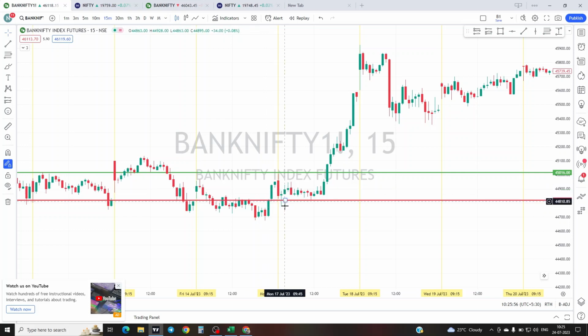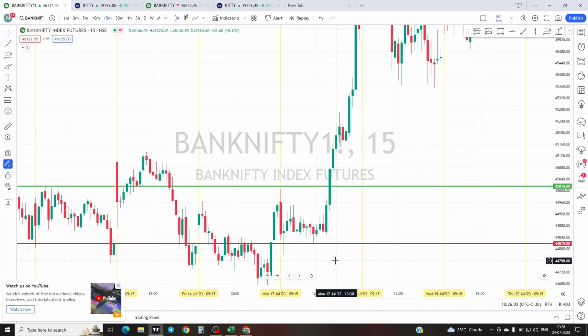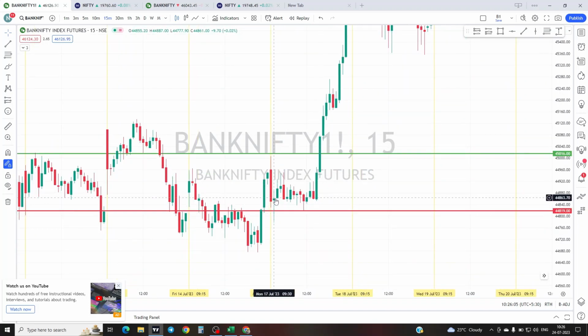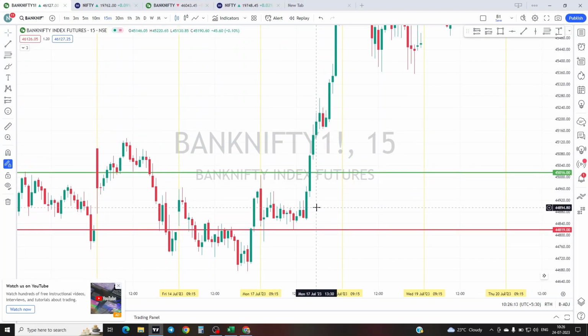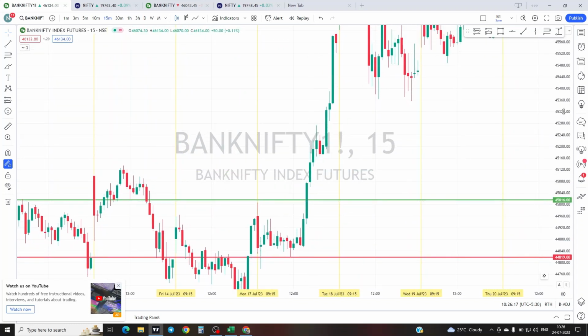See, we got a breakout down, but the closing was not done below the red horizontal line. That is, the candle did not close below the level, so it just reversed and closed up only. So it was completely sideways. And after that, we got a breakout upside, and the candle closed above the green line.